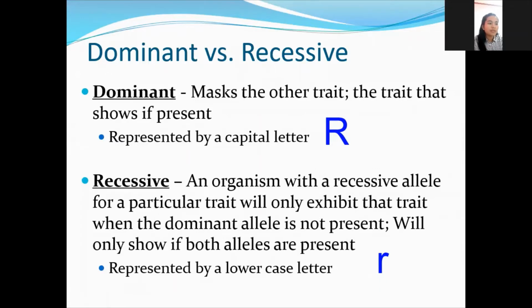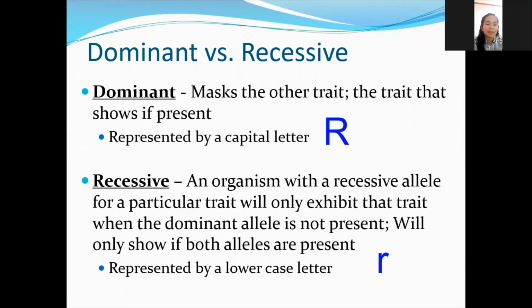Okay? So when we say dominance, it must mask the other trait. So must, ibig sabihin, tinatakpan. The trait that shows if present. Okay? So it is represented by capital letter. So R ang ginamit natin dyan because the word natin is recessive. Okay? So when we say a recessive trait, organisms with a recessive allele for a particular trait will only exhibit the trait when the dominant allele is not present.